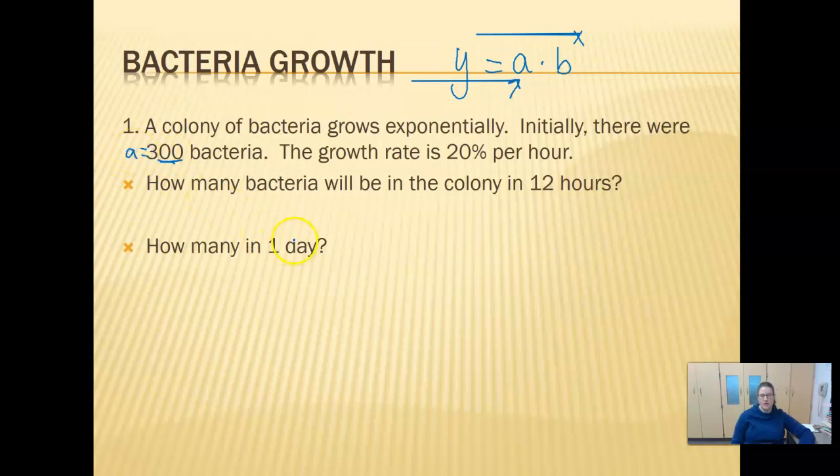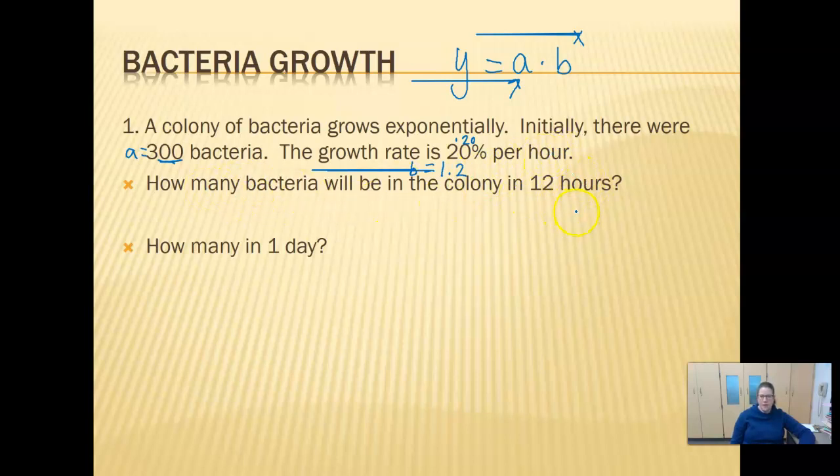So a is equal to 300 bacteria. The growth rate is 20% per hour. So every hour, it grows by 20%. So that means that my multiplier b is going to equal 1.2. Remember, change it to decimal form, so 0.20, and then add it to 1, so 1.2.